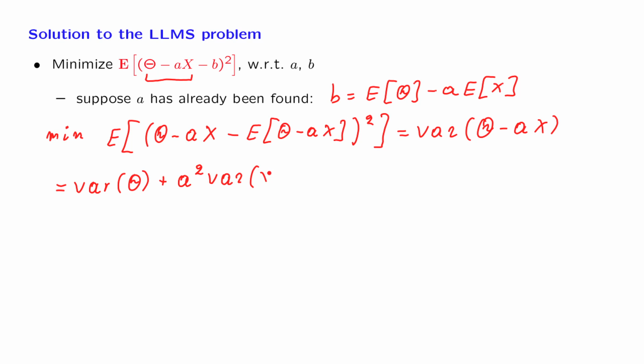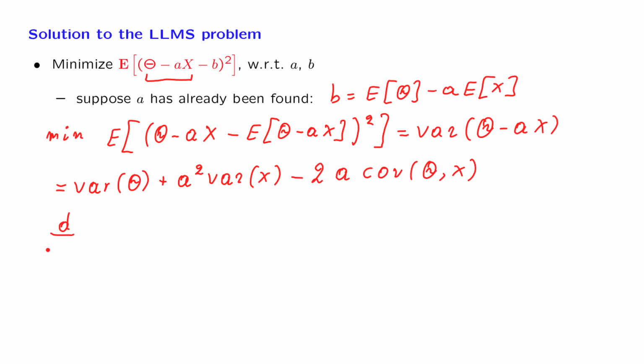And then we have a cross term. Because of the minus sign here, the cross term will have a minus sign. We have a factor of 2. And then we want the covariance of theta with ax. And because we have seen that covariances behave in a linear manner, we can pull a outside the covariance, and this is what we are left with. This is the quantity we want to optimize with respect to a.